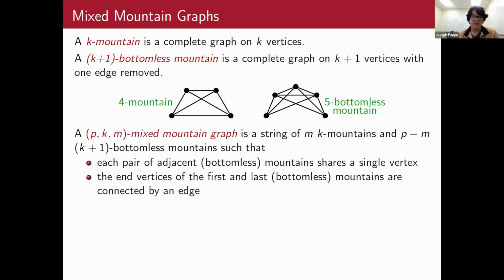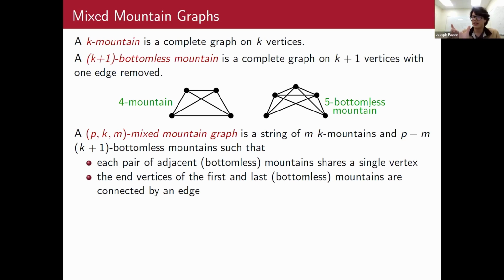So a P, K, M mixed mountain graph is a string of K mountains or K plus 1 bottomless mountains, where we have exactly M K mountains and P minus M K plus 1 bottomless mountains.